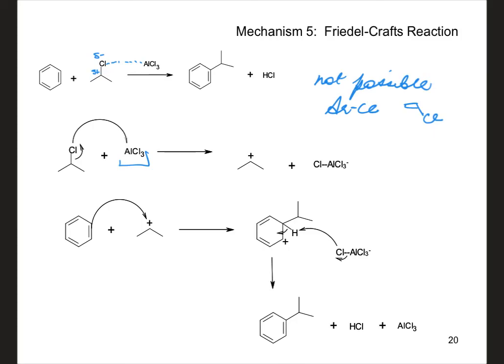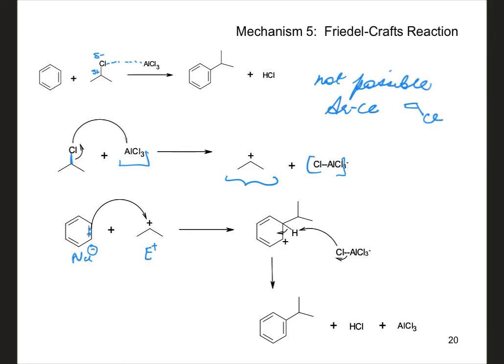So as the Cl coordinates with the AlCl3, Al is going to take away the Cl, and this carbon-chlorine bond is going to break. So you end up generating the electrophile that you're seeking, and an AlCl4 with the negative charge. Now, you have the nucleophile, which is the benzene ring, and you have the electrophile, which is the carbocation.